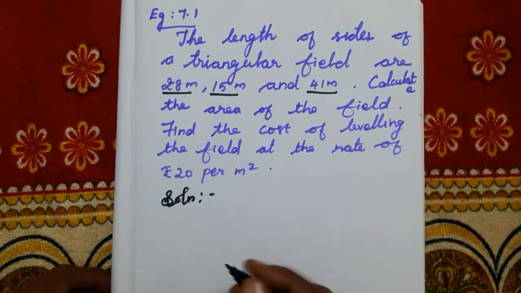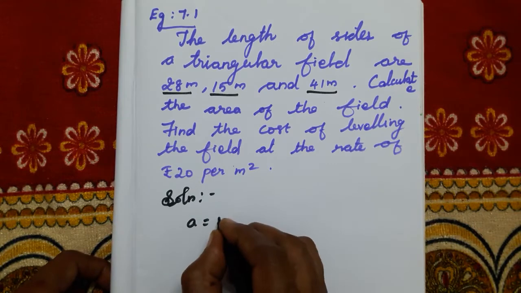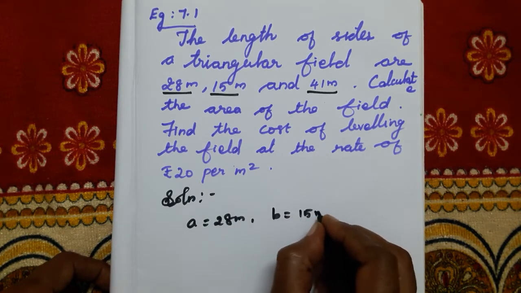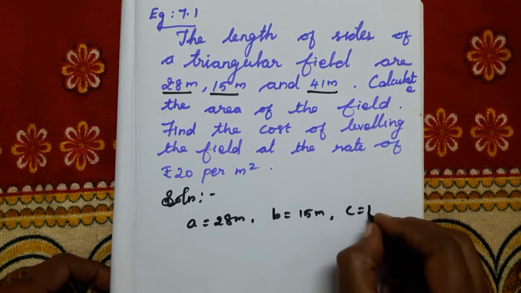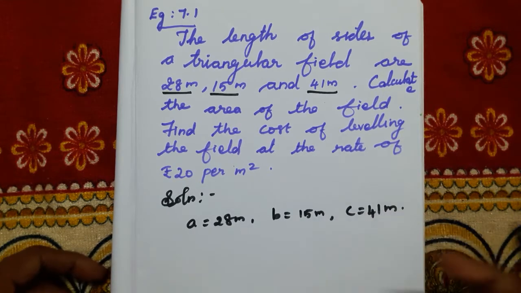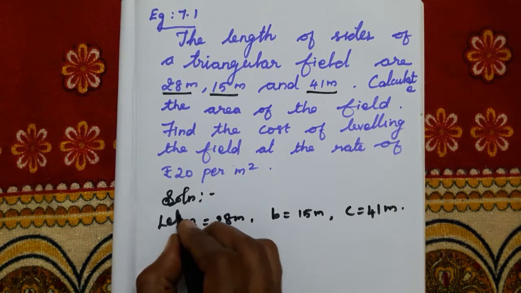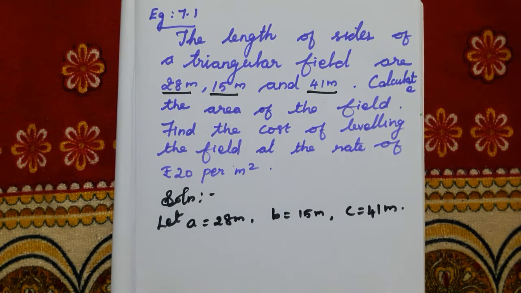Let A is equal to 28 meters, B is equal to 15 meters, C is equal to 41 meters.